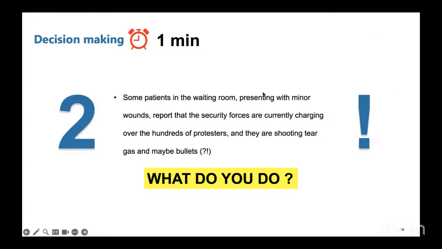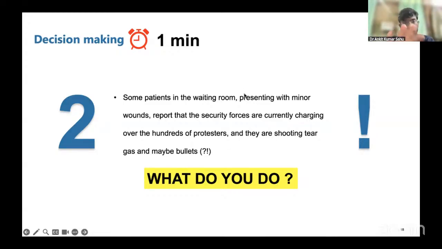So we have to coordinate with every department. Sudeepa ma'am, for this scenario, you may not have to start coordinating, but you have to just see the baseline preparedness. Are you ready to activate the MCM?